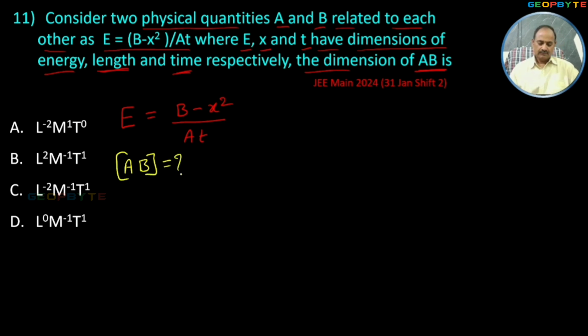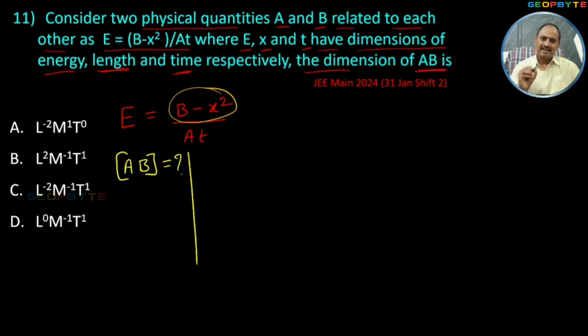For that, you need to decide the dimensional formula for A and B separately. Now, look at the given relation. Here, B minus x squared. The B dimension must be equal to the x squared dimension.